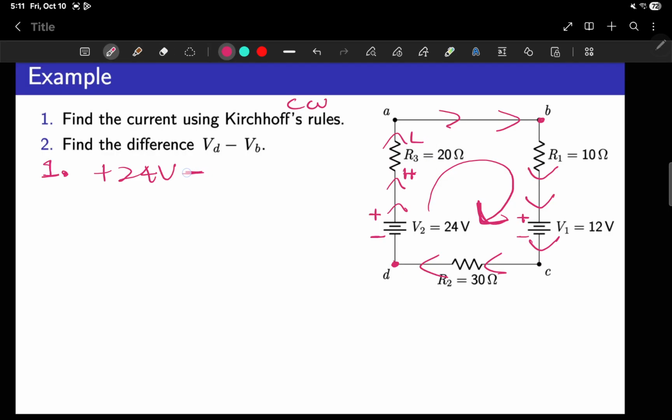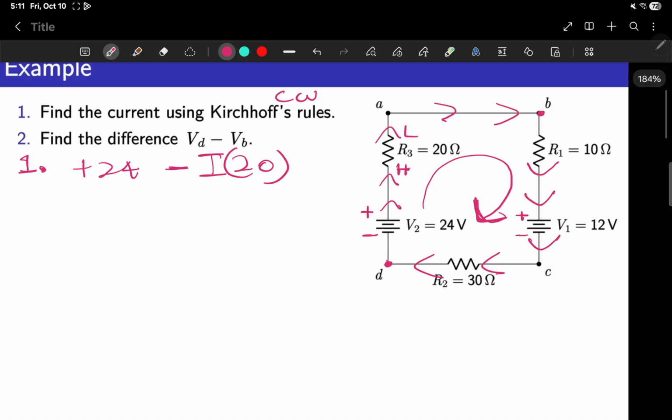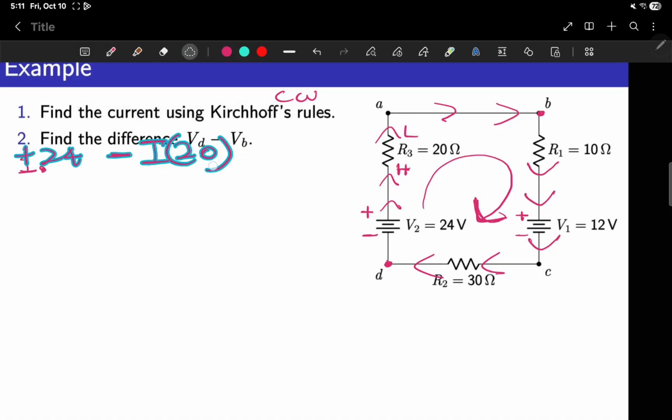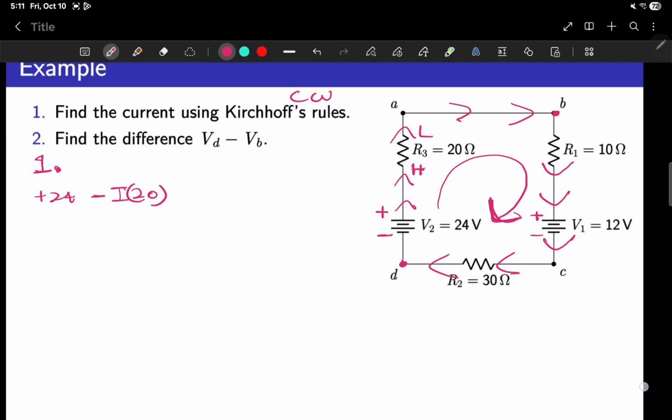So we're doing minus IR, the change in potential caused by R3, which is minus I times R, which is 20 ohms, but I'm not going to write the units just to make the process a bit easier to handle. Now I keep going and I move through R1.